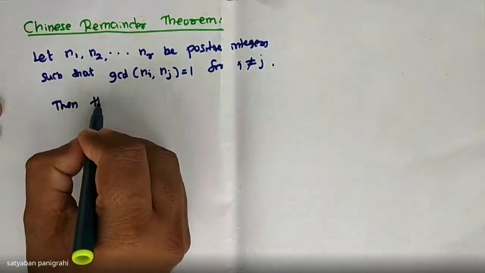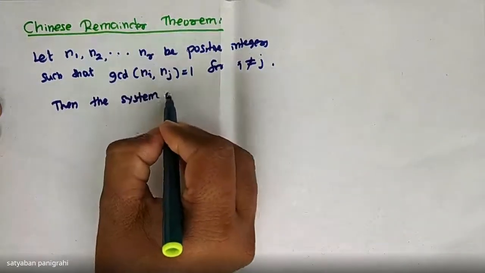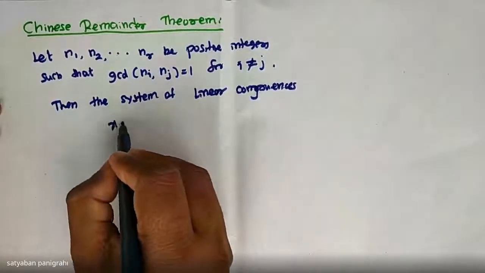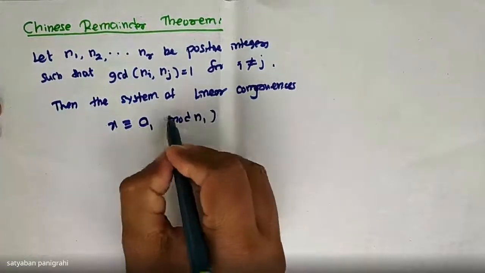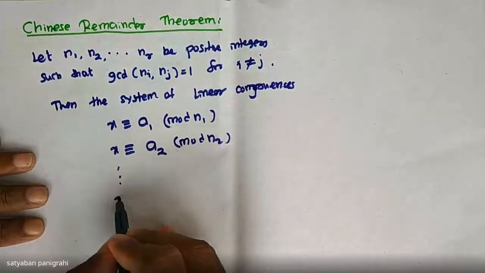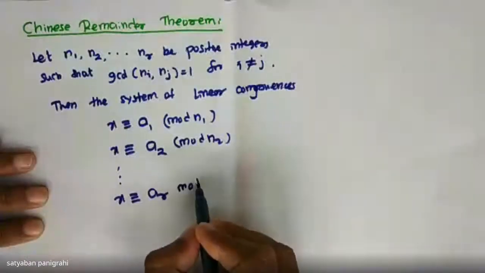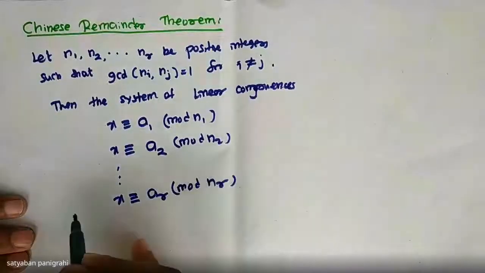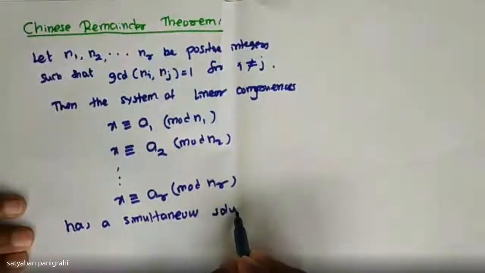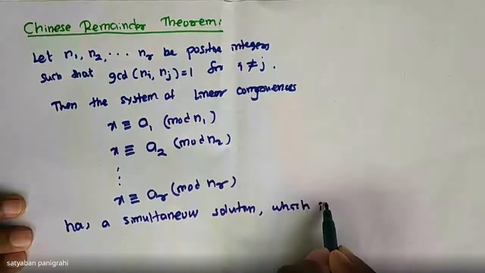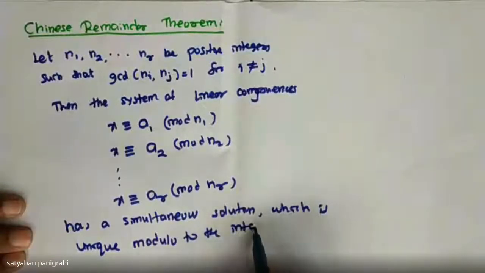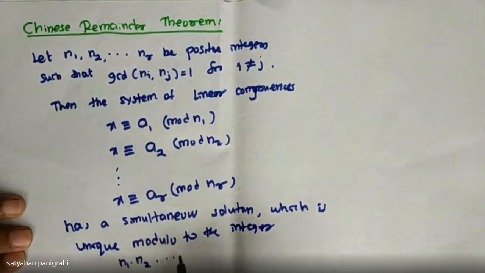Then the system of linear congruences x ≡ A1 mod N1, x ≡ A2 mod N2, up to x ≡ AR mod NR has a simultaneous solution, which is unique modulo the integer N1·N2·…·NR.